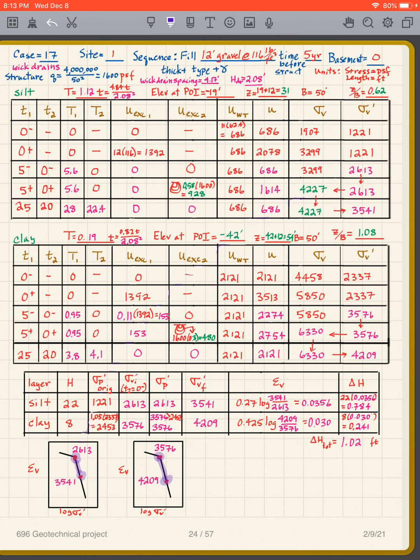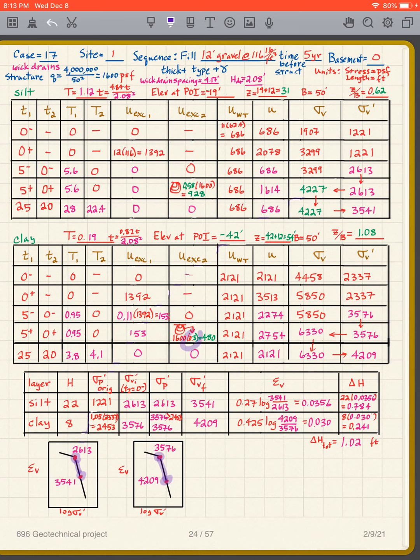And the UXS1 is what? It's the 1392, because it's still the 12 times 116 due to the fill. So I get 0.11 times 1392, it gives me 153. And then UXS2 is for the building.